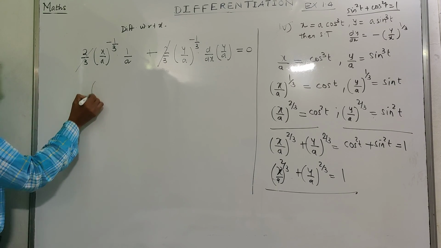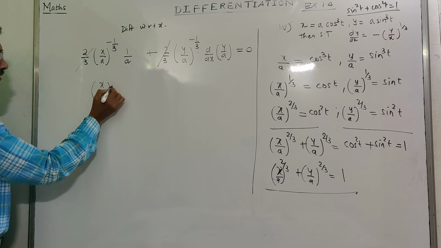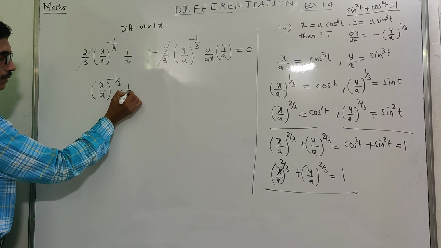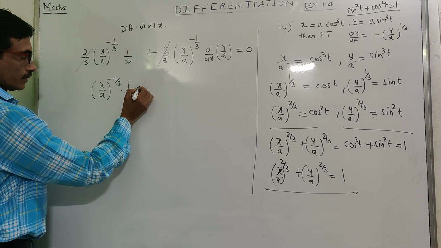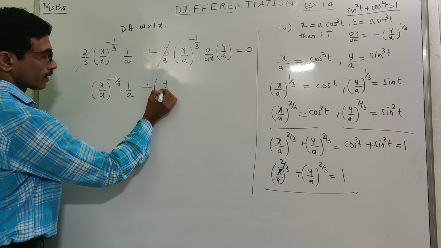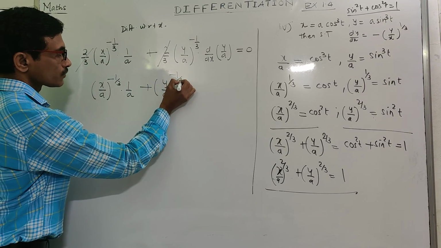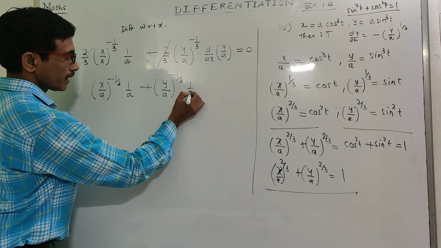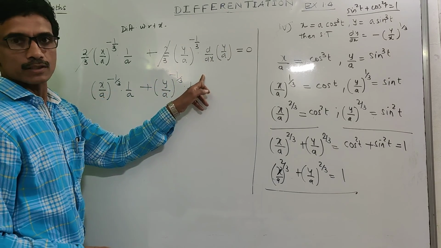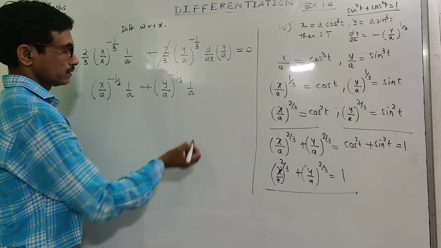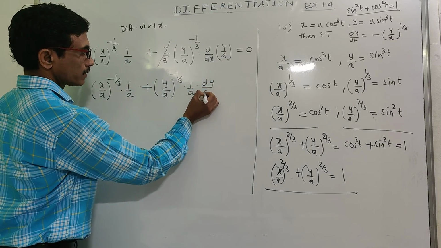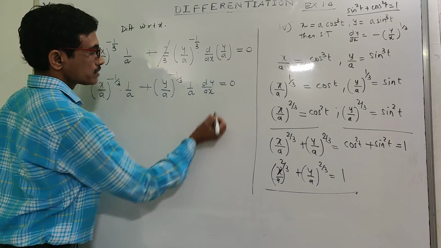Then x upon a raised to power minus 1 upon 3 times 1 by a, plus y upon a raised to power minus 1/3 times 1 by a into dy by dx, is 0.